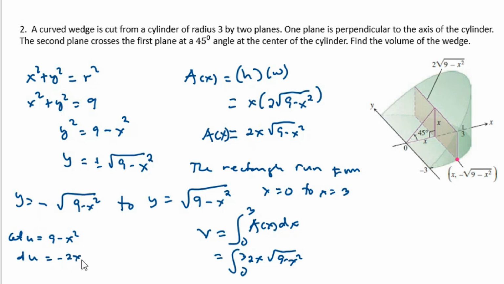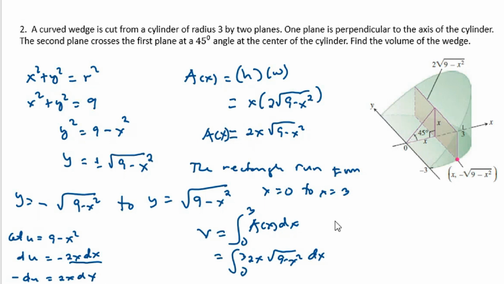and du now equals negative 2x dx. If I compare this to our given, I'm supposed to have dx here. So I have 2x dx, which can be represented by du. Since I have a negative sign there, I multiply both sides by negative. Therefore, negative du is equal to 2x dx.